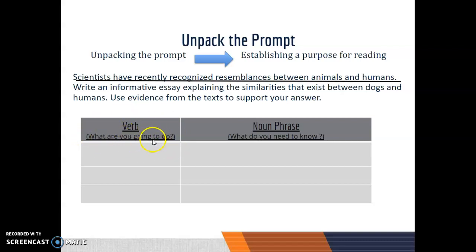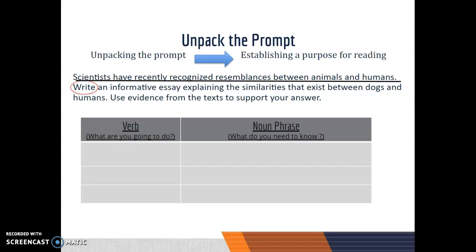So what is the first verb that is asking us as the writers to do? What's that first verb? Write. So remember, when you unpack the prompt, that circling what you will need to do will help guide your reading and writing.